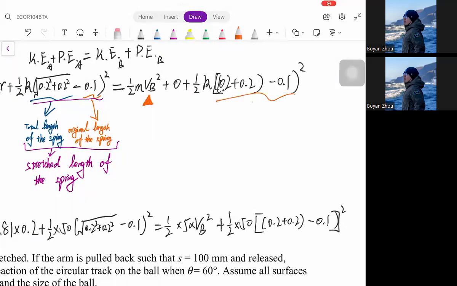So again, this is also calculating the stretch of the length of the rope. Okay, so we can do this.